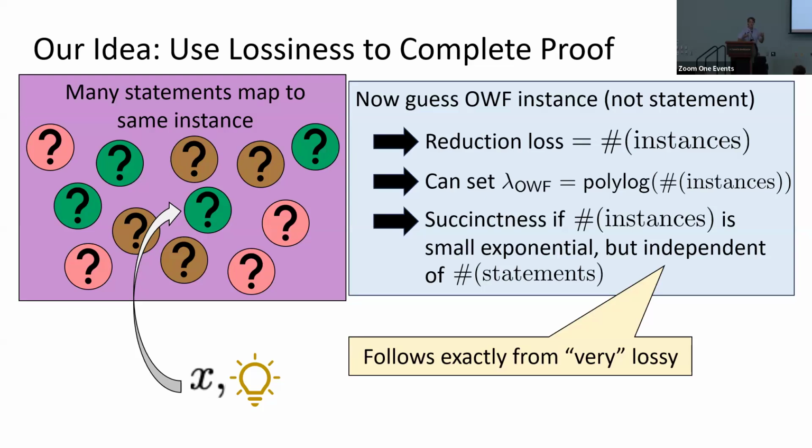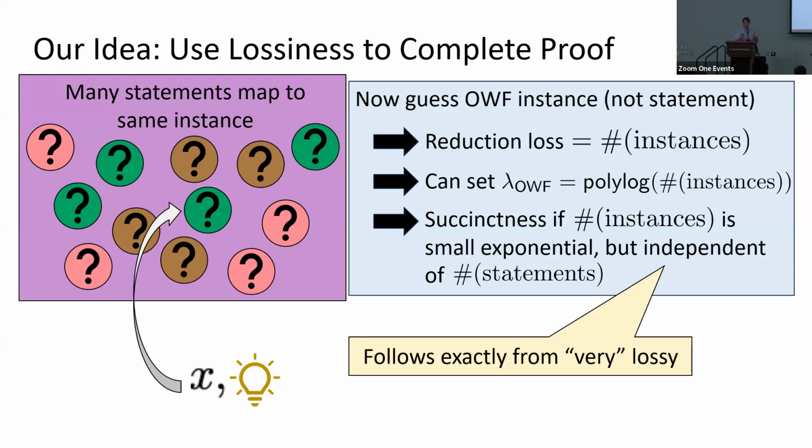And so to absorb this loss, we only need to set our security parameter for the one-way function to grow with whatever this fixed exponential is, rather than growing with the instance size. So this is why we need this very lossy feature of the lossy function, because basically the input to the lossy function is going to be x, which again is huge. And so we need to be able to have this large input but keep the total number of one-way function instances small.